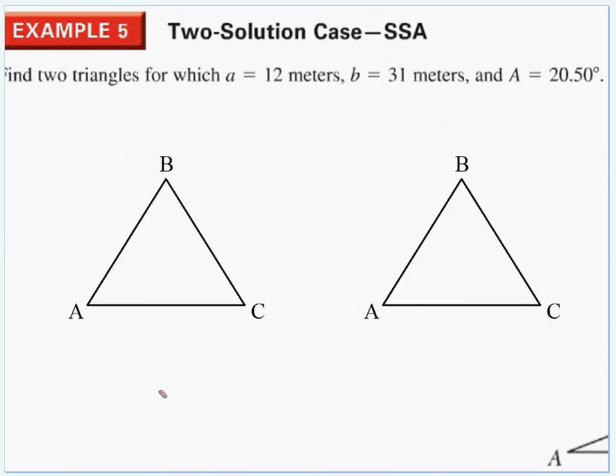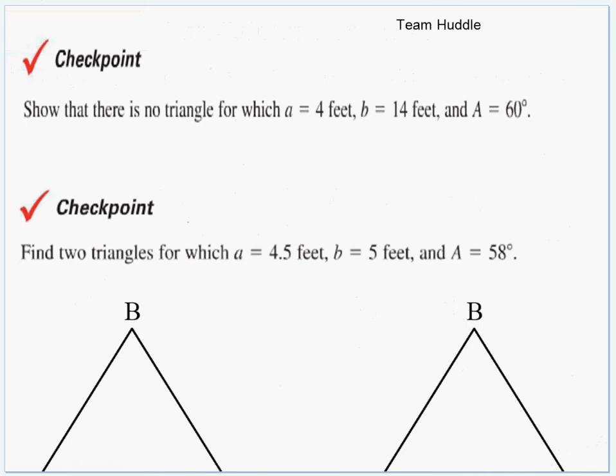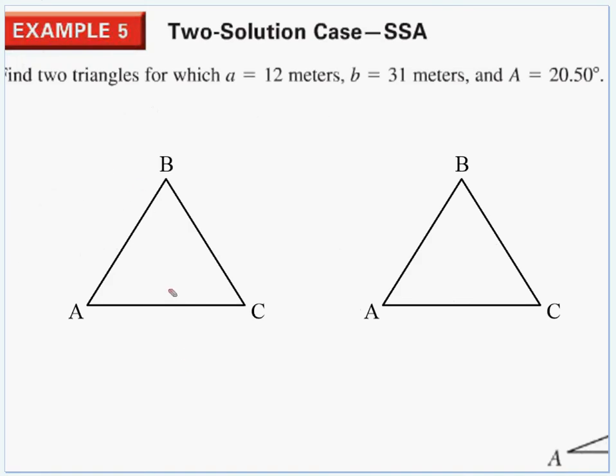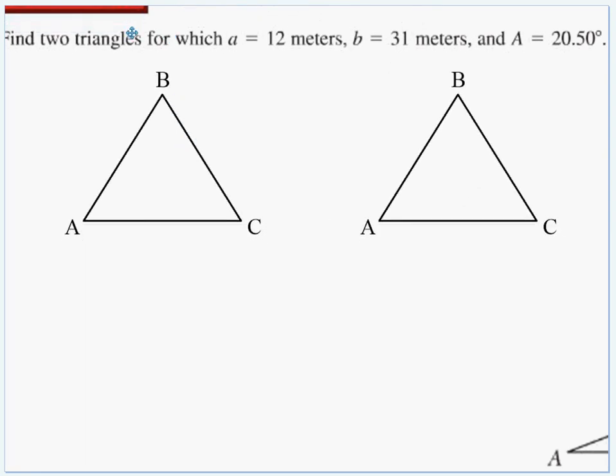All right, the biggie. Here is where we're going to find two possible triangles. And if I remember, this is the last example in this video. We'll do a couple of practice problems, but this is the last example. So here, because I know we're going to have two solutions, I've given you two triangles, and we're going to mark the given info on both.